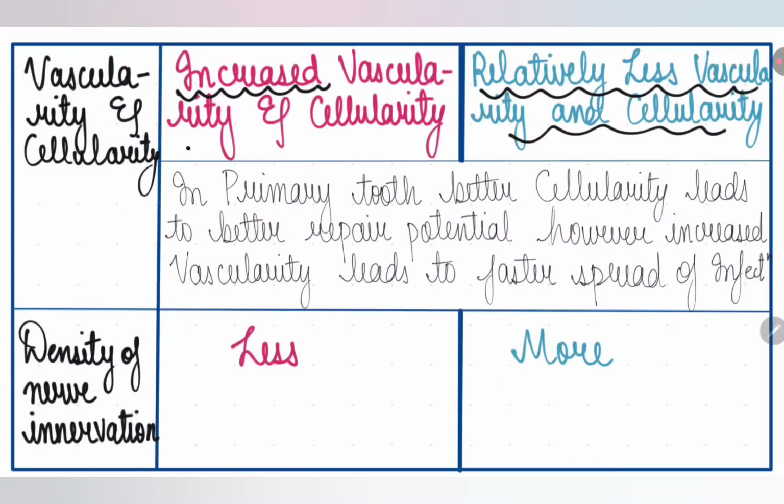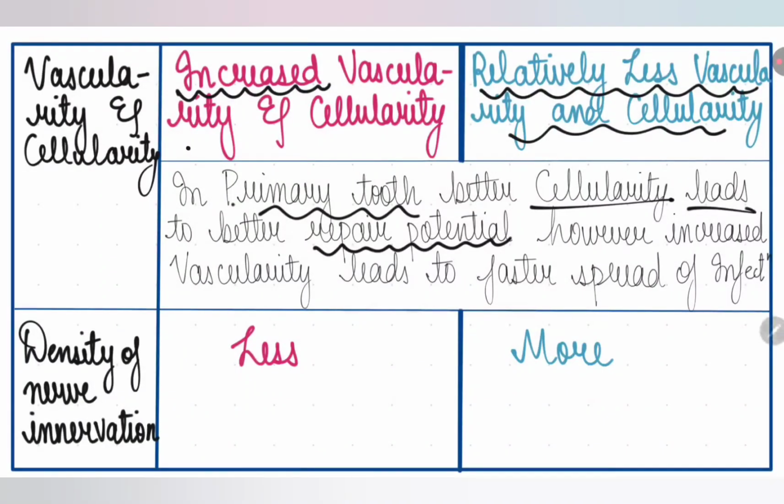So due to this, in primary tooth there is better cellularity, which means the ability to reproduce cells is more, which leads to better repair potential. Primary teeth have better repair potential compared to permanent teeth. Why? Because there is a larger pulp, there is more cellularity.